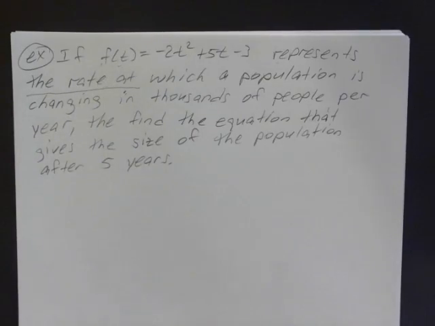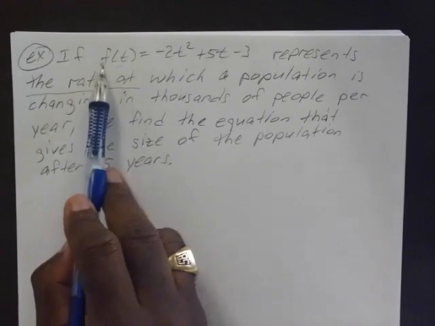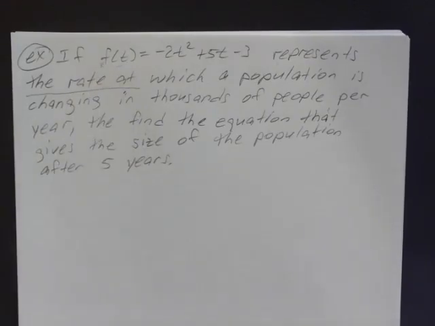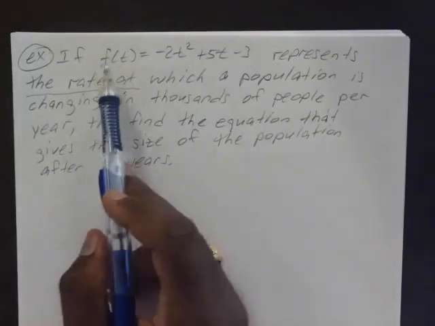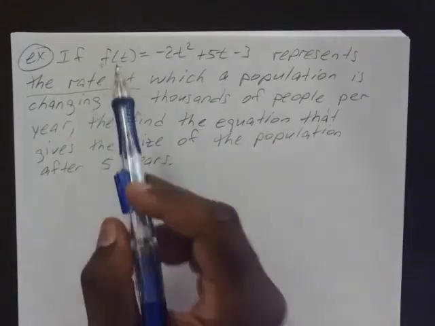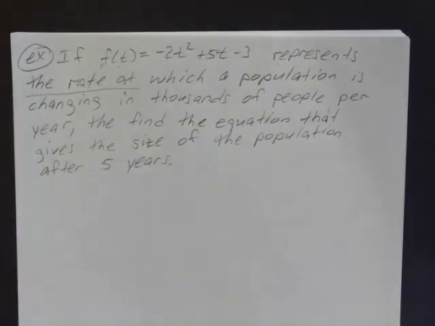So you want to look out for those little keywords that doesn't match the variable that you're used to. And I only point this out because I used to get so confused by that. I used to jump in and they'd have f of t as the velocity function. Then the next question, they'd have f of t as the position function, and I'd just be completely confused. So that's why I'm pointing that out. So hopefully you don't suffer the same confusion I did as a student.